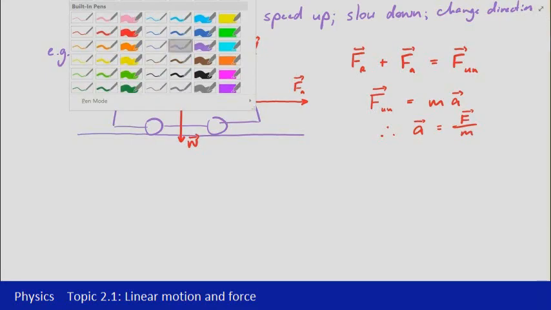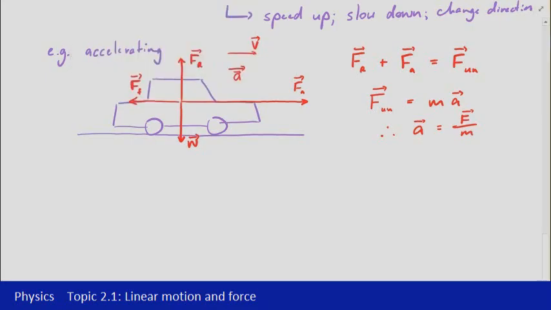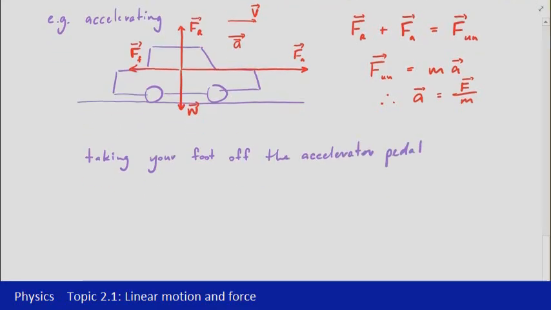If we have a look at an example of, just going to go with not so much braking, but just taking your foot off the accelerator pedal. So we'll just look at this as a second example. In that case, what we would see is basically the same as we've got up here.